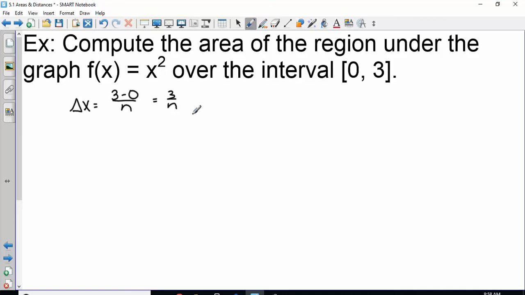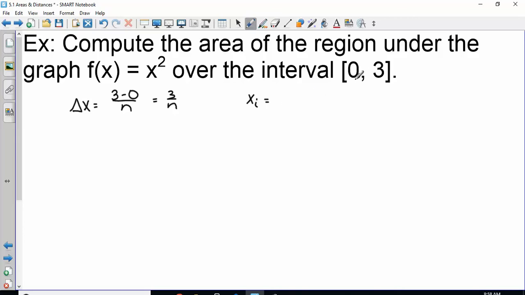Then we need to find our x sub i. This is essentially our formula for how we get the points. When we were just plugging them in, we would have a change in x of 3/5, so our first point was 3/5 and 6/5 and so forth. So we need a formula for that.